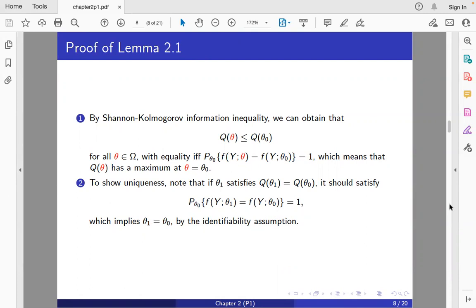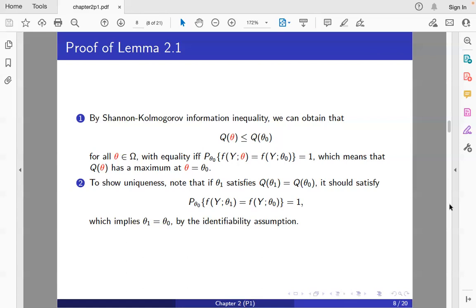So it's not just that zeta 0 is the maximum. Let me repeat. Q zeta is an expectation at the true parameter value, which we call zeta 0, of the log density, as a function of zeta.